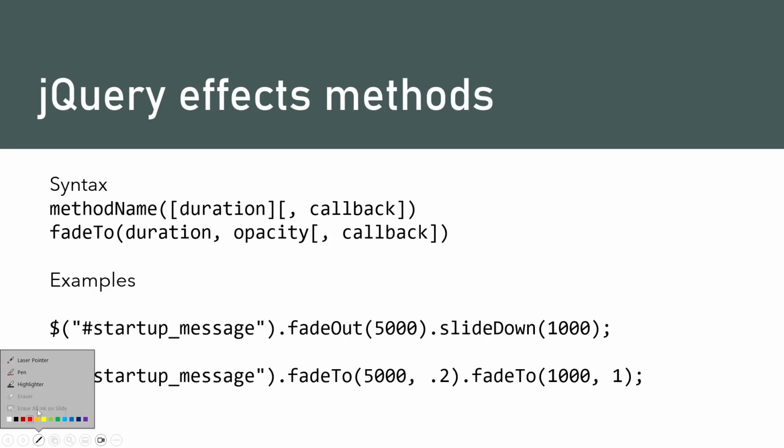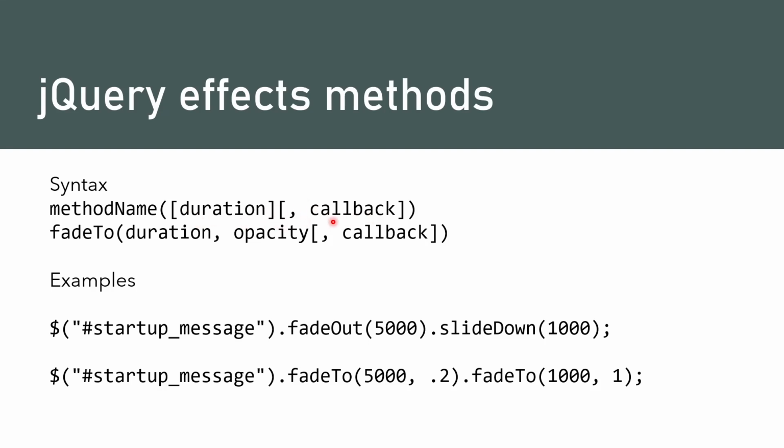So the jQuery effect methods, the syntax is using the method name and then parentheses, because it's a method, like a function. Inside of those parentheses, anywhere there are square brackets, that just means it's optional. So the duration in milliseconds, you can optionally pass in as a parameter, and that will be the duration of how long you want that effect to happen from beginning to end.